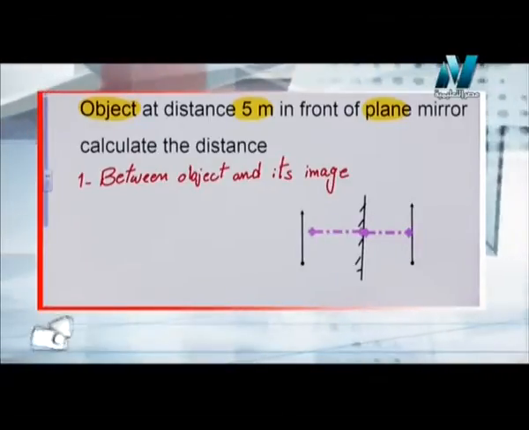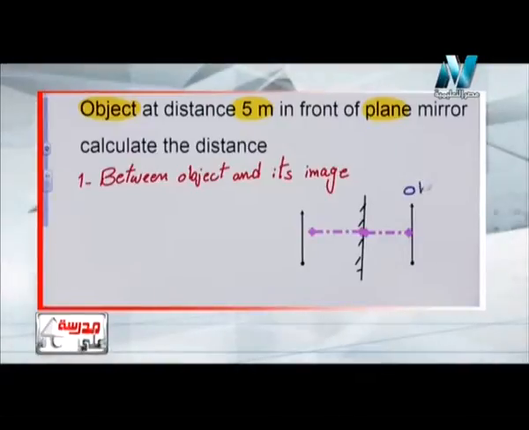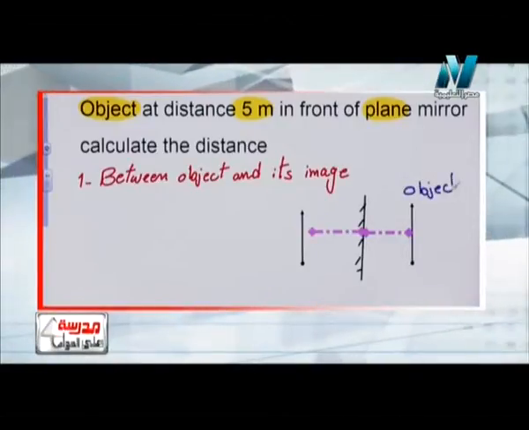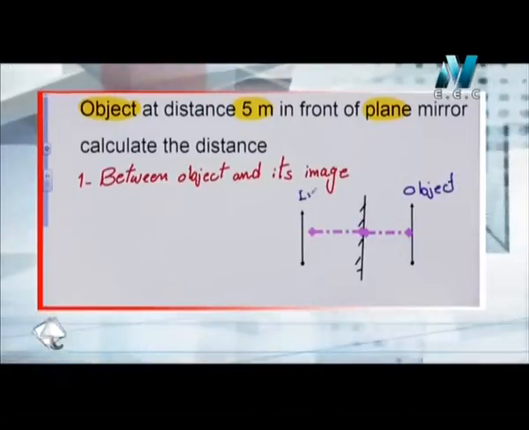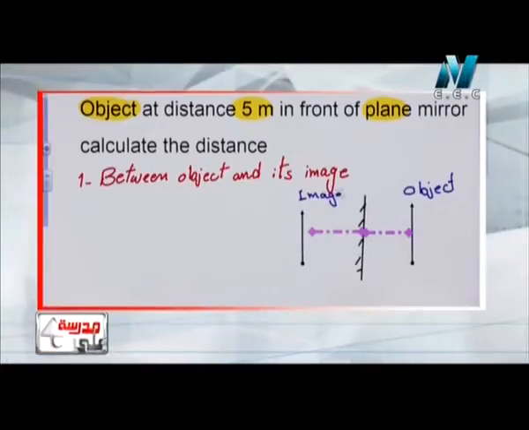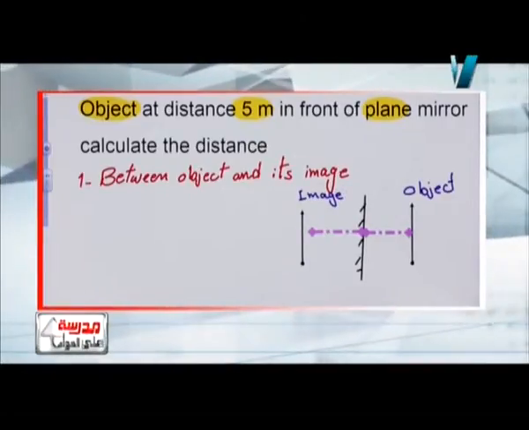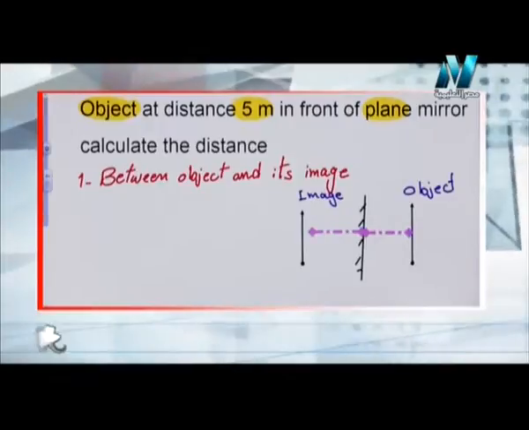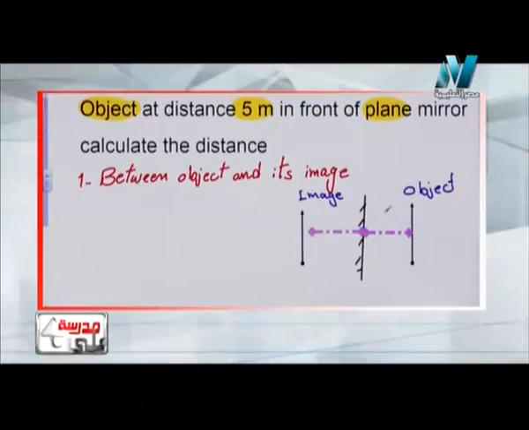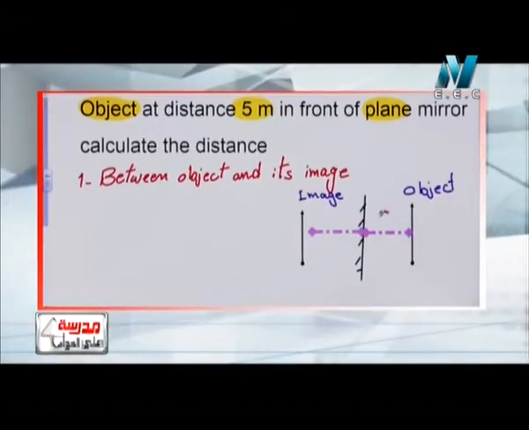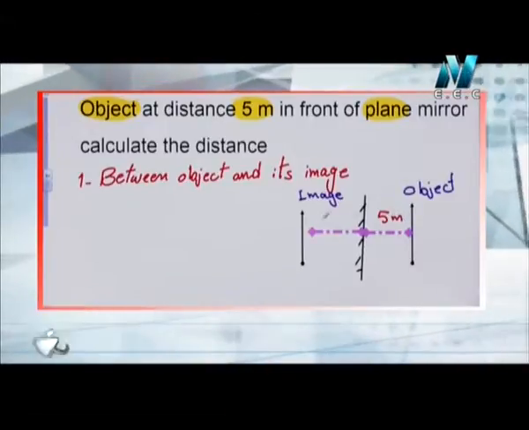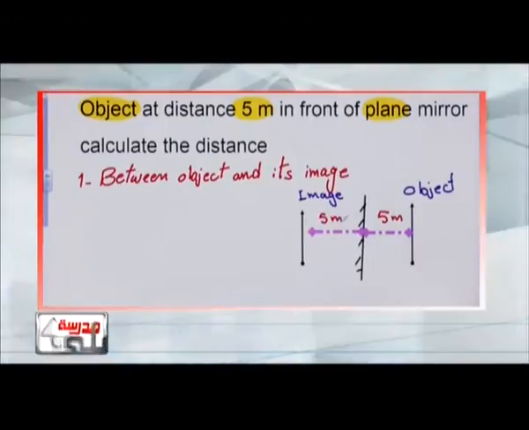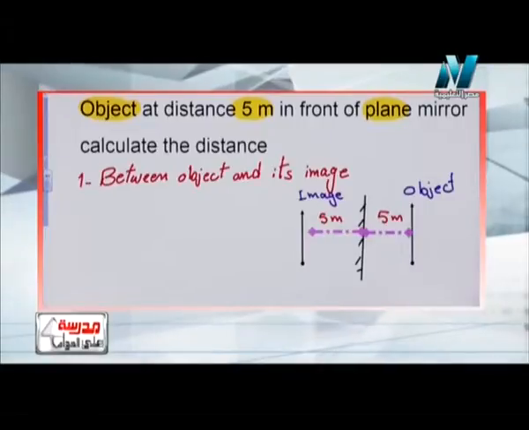So here we have the object, and here we have its image. From the third property of the image through the plane mirror, the distance between object and mirror equals the distance between mirror and image. So here we have 5 meters, and here we have 5 meters.